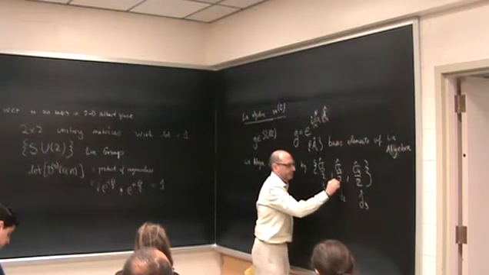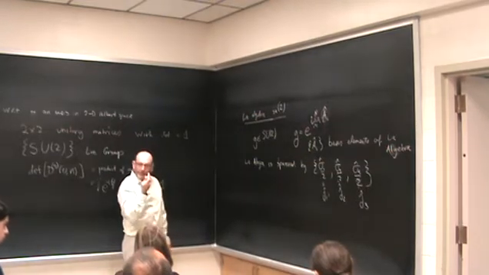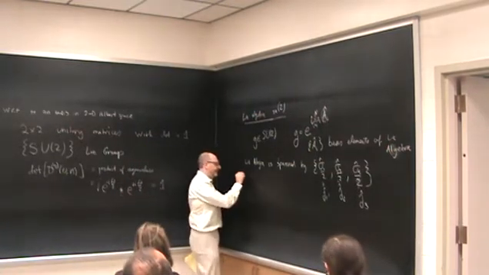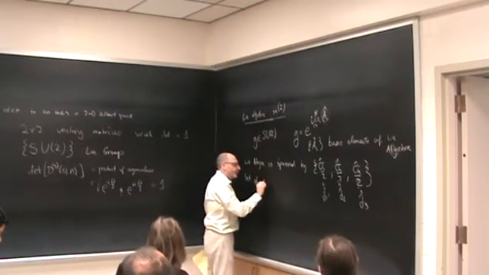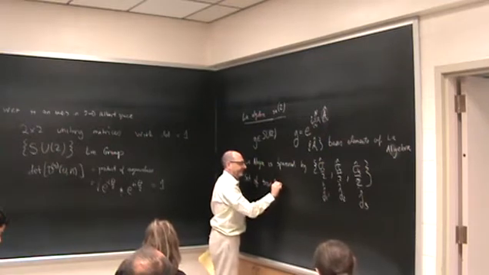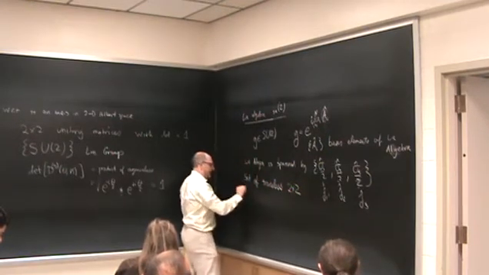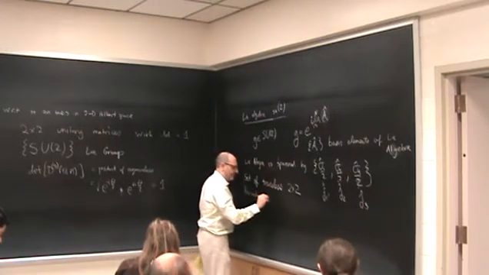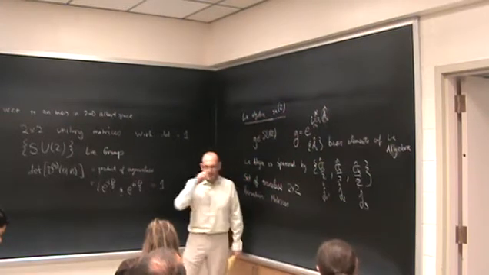Okay? So, this Lie algebra, what is it? It's the set of traceless 2x2 Hermitian matrices. It's not the set of all Hermitian matrices.